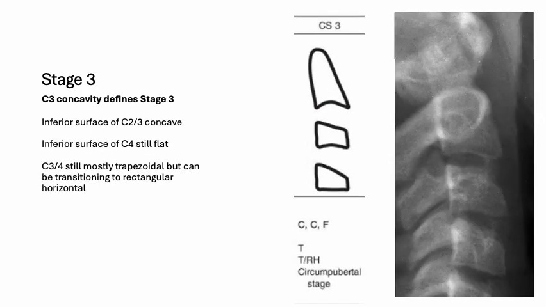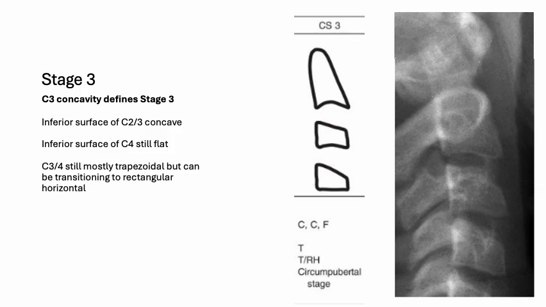So stage 3, the clear defining line between stage 2 and 3 is that the C3 vertebral body will have a concave inferior end plate. So here in this example, you can see that C2 and 3 have concave inferior end plates, whereas the inferior end plate of C4 is still mostly flat.